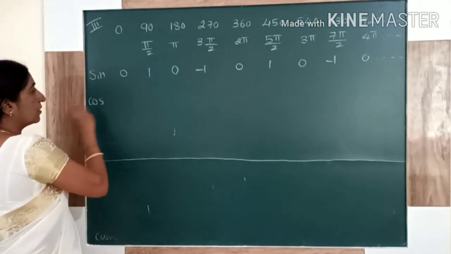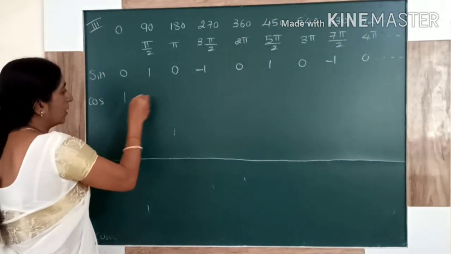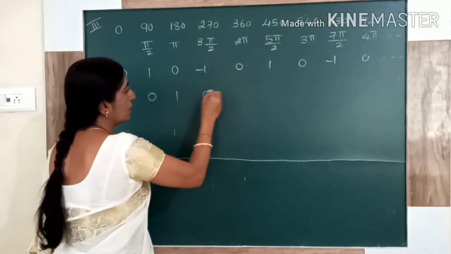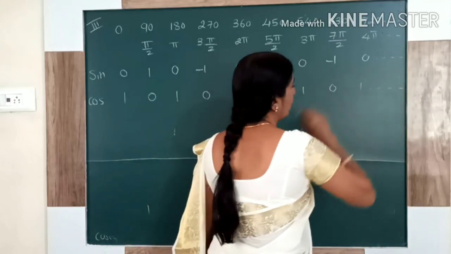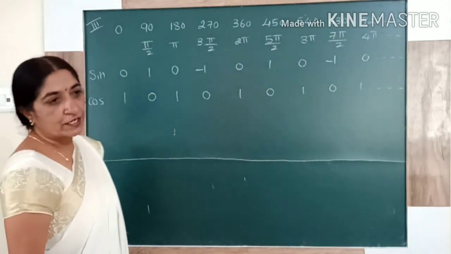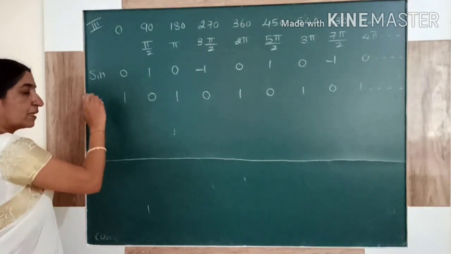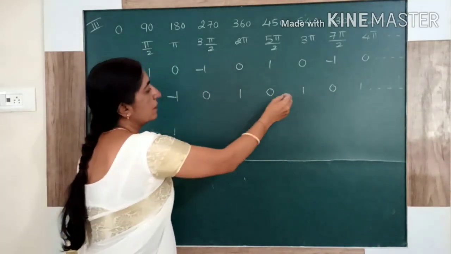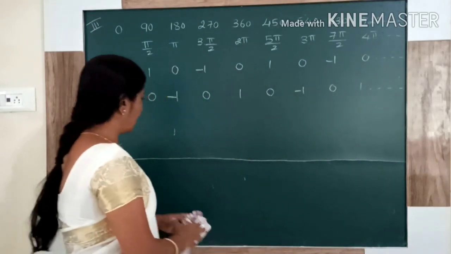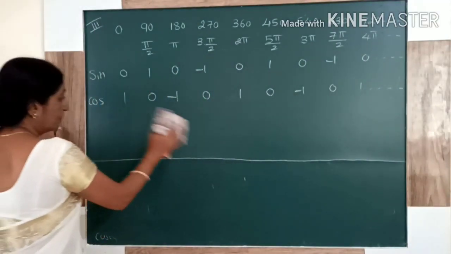Then cos 0 is 1, 1, 0, 1, 0, 1, 0, 1, 0, 1. It goes on continuing alternatively. Again for 1, the sign will be alternative, plus, minus. See, again I am giving you one important thing.